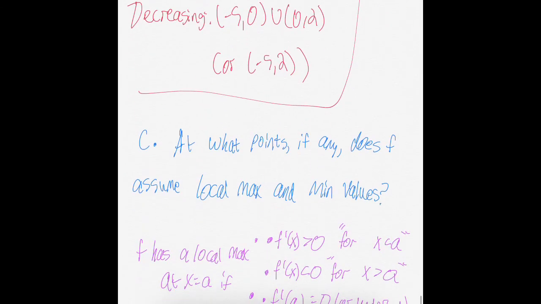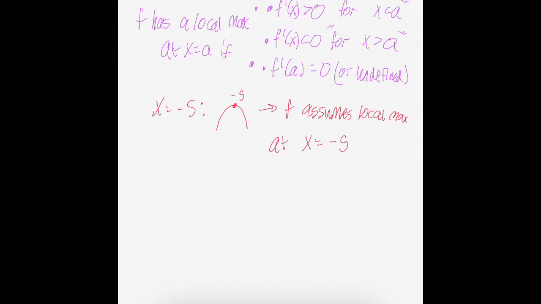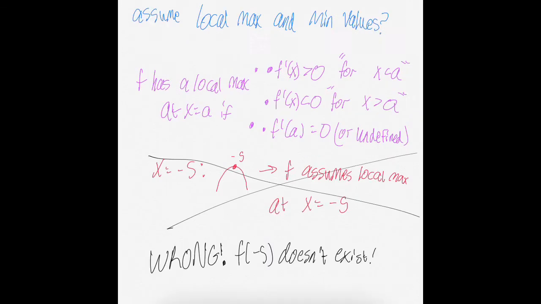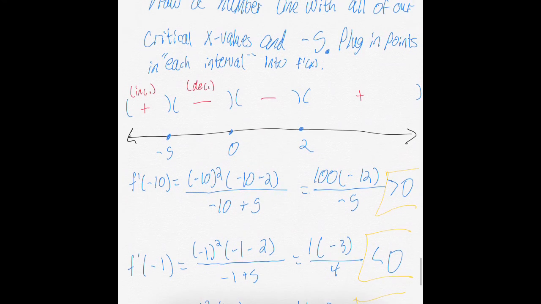Okay, so let's see if there are any other local maxes. It doesn't look like it, because if we look at our graph here, well, actually, it doesn't really assume a local max at x equals -5. Excuse me, this is false, because f of -5 doesn't exist.